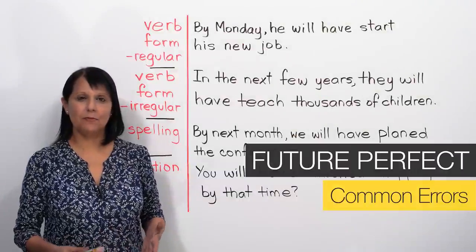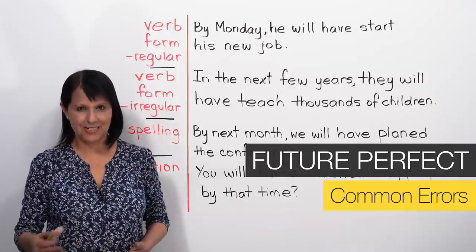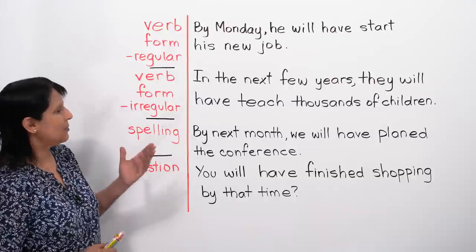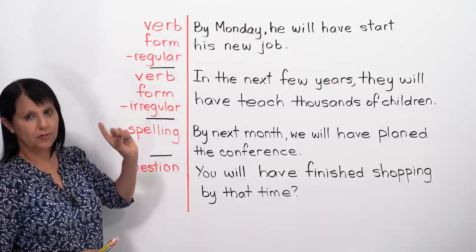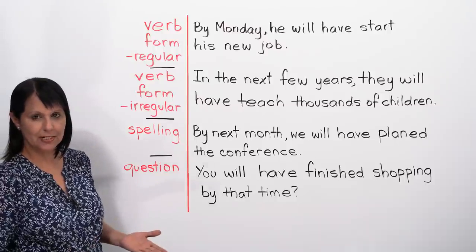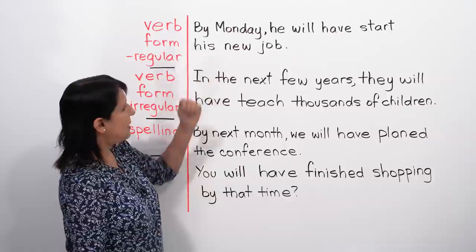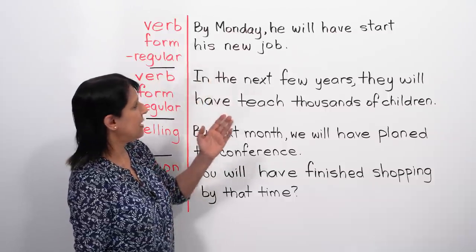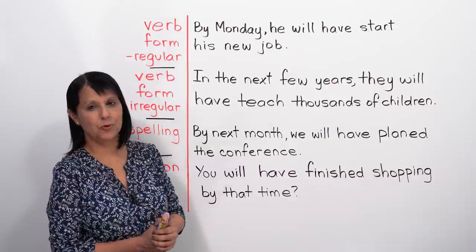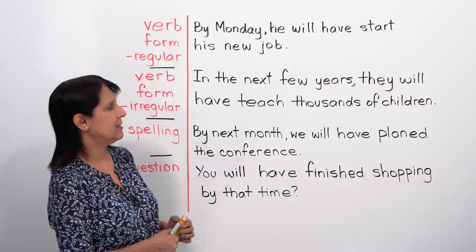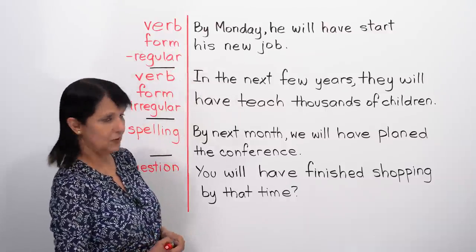Now let's look at some common mistakes that are made when using the future perfect tense. So sometimes the mistake is in the verb form for regular verbs. Let's look at an example and then you can help me to fix it. By Monday, he will have start his new job. So, where's the mistake? The mistake is in the verb itself, in the regular verb.